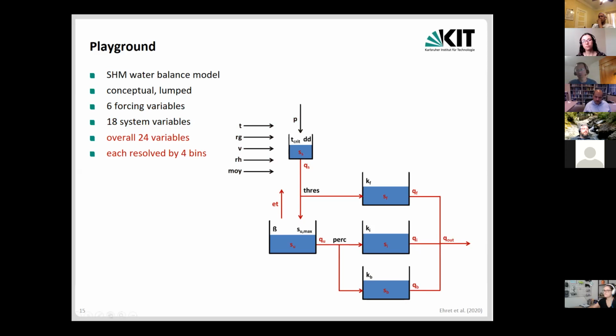For all further calculations that you'll see, I discretized the value range for each variable in only 4 bins. The entire value range is split up into 4 bins, so we have a rather crude subdivision of each value range into, say, low, mid-low, mid-high, and high.